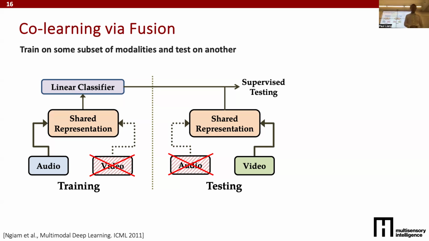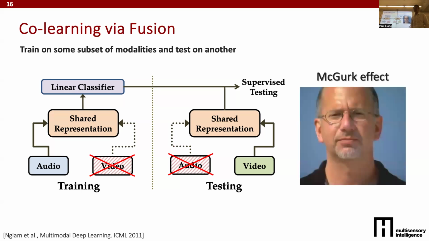And it's super cool because the task they tested on was this McGurk effect task. You recall the person had the sound, ba ba ba, ga ga ga, and they had their lips moving, which is a video. And the goal here was to take in the audio and video to recognize what phoneme the person was saying. So this is also some cool evidence of co-learning via fusion.